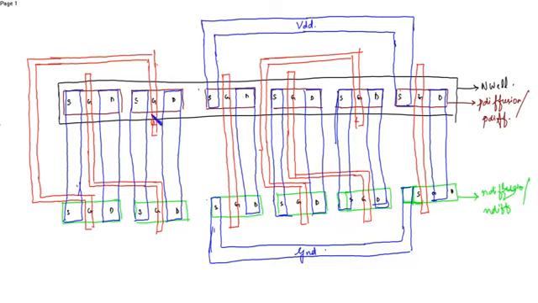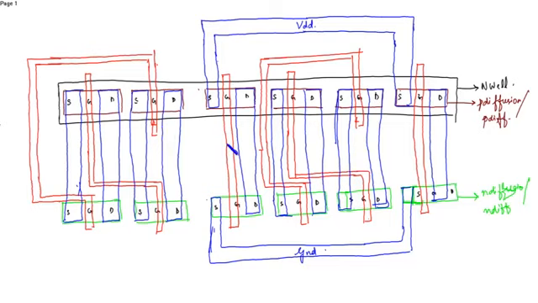Before going for the output, first see the gate. This is connected to B and this is connected to B bar.